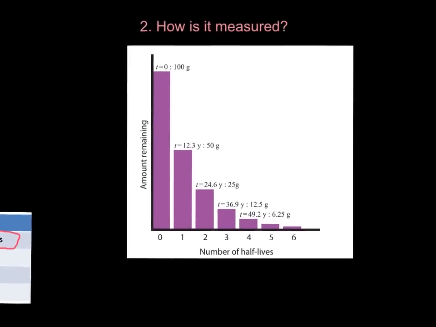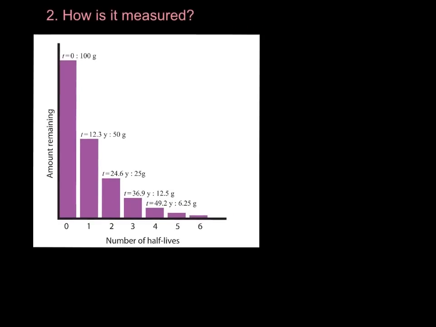Okay, so let's talk a little bit about how we measure half-life. Half-life is actually measured in a lab. They take a sample of some radioactive isotope, so maybe like 100 grams of that isotope, and they analyze it over time. They look at how much breaks down over a certain amount of time, and from that they can figure out the half-life.